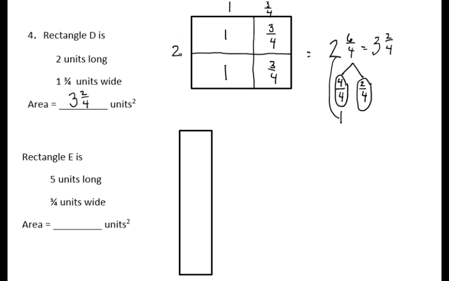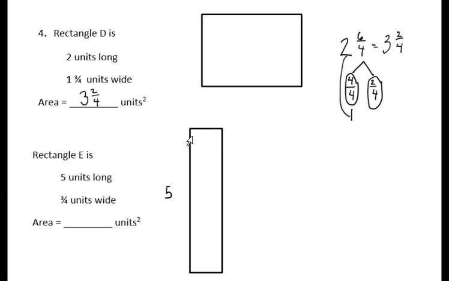Now rectangle E is 5 units long, but it's only 3/4 of a unit wide. So we'll show the 5 units along the side, and I'll break that into 5 rows. Now my width is only 3/4 of a unit.